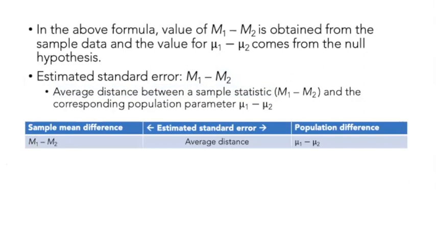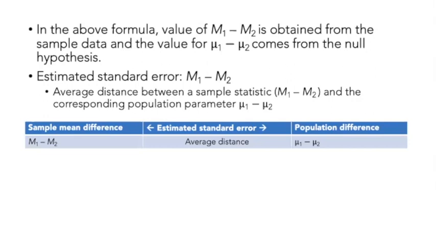That is exactly what we try to do in the estimated standard error. So you have the sample difference minus population difference, and then you divide it by the estimated standard error. In the estimated standard error, we try to find the average distance between the sample statistic and the corresponding population parameter.